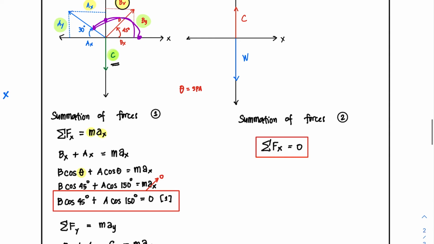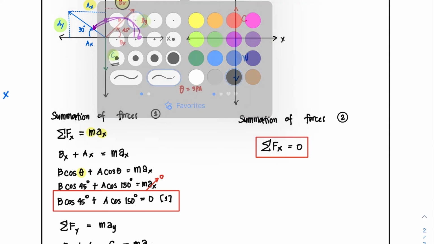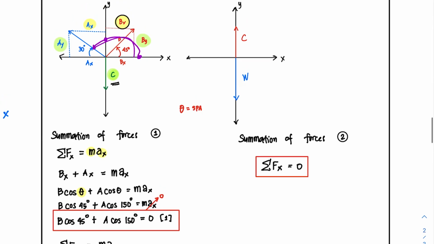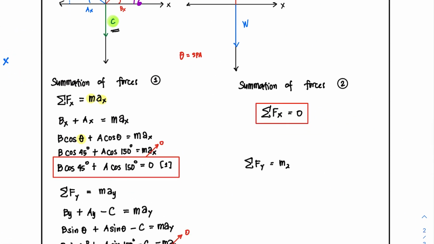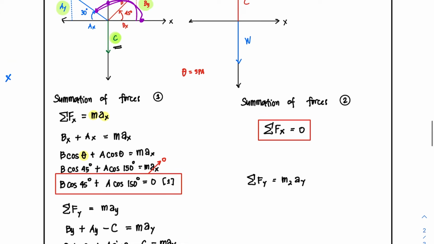For the sum of the forces along Y, as you can see from the free body, there are forces along Y. So the sum of the forces along Y for free body number 2 is equal to M, by the way, M of mass 2, the suspended mass, times acceleration along Y. So what are the forces?